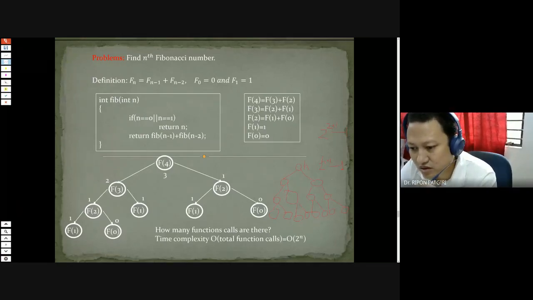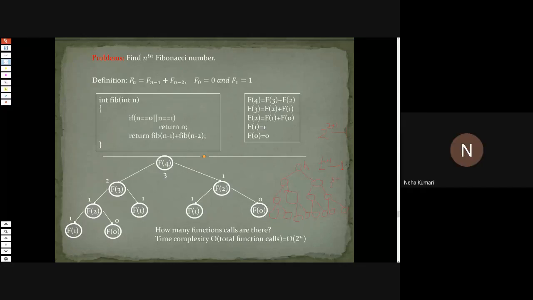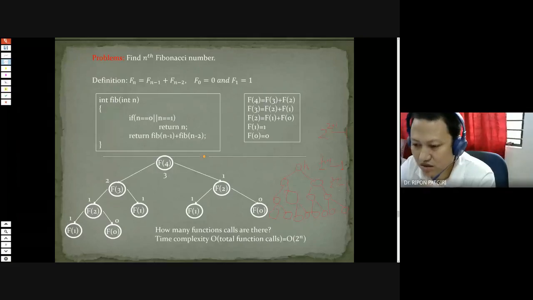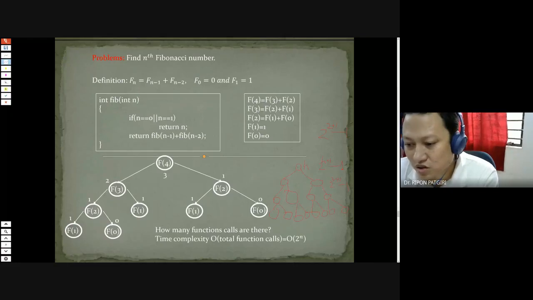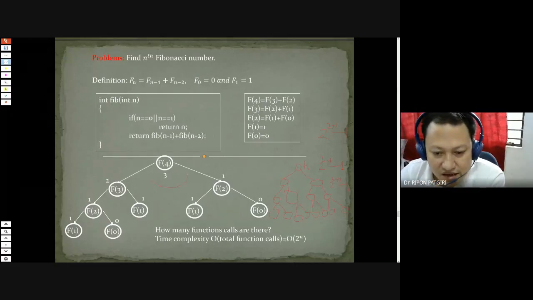How many? 2 to the power 3 plus 1, minus 1. How much? 2 to the power 4 is 16, minus 1, 15. You count it here: 1, 2, 3, 4, 5, 6, 7, 8, 9, 10, 11, 12, 13, 14, 15. It's 15.